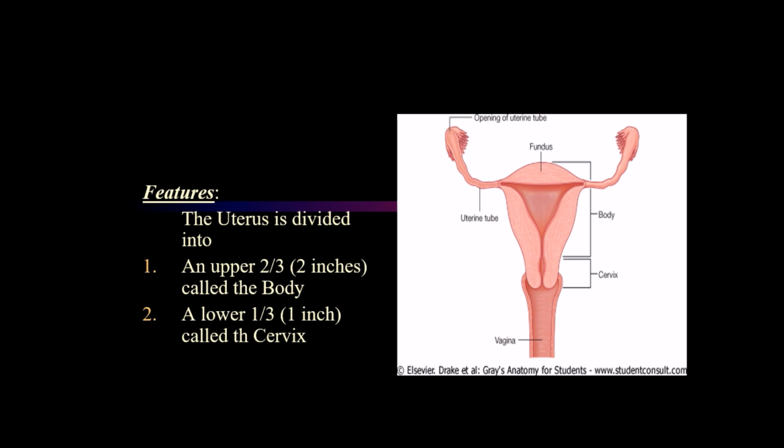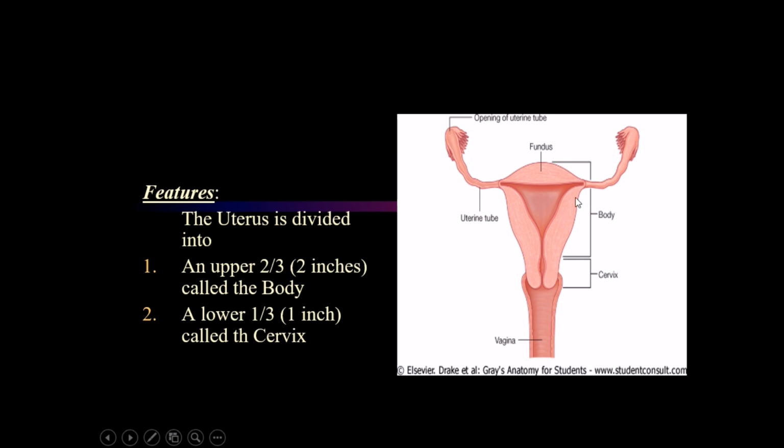Coming to the important divisions of this uterus, broadly it is divided into a larger upper two-thirds, almost 2 inches out of the 3, which is called the body of the uterus. The lower part is called the cervix.